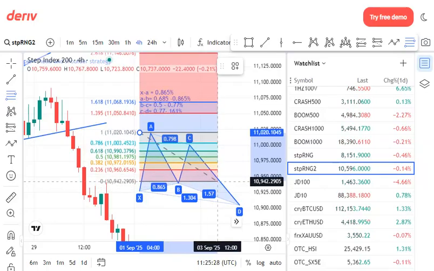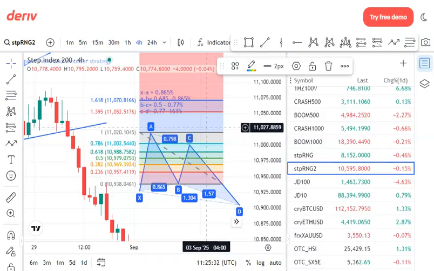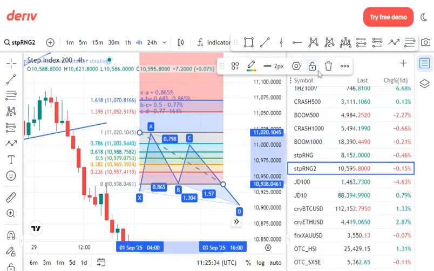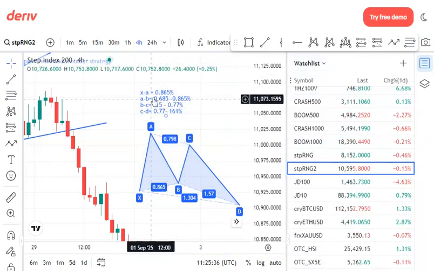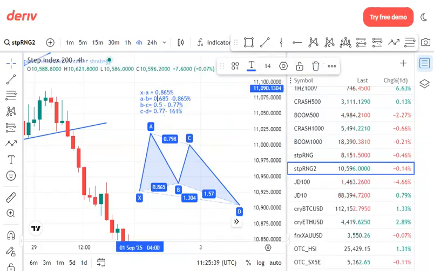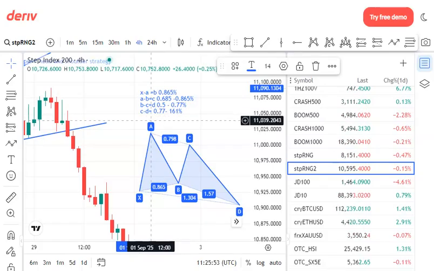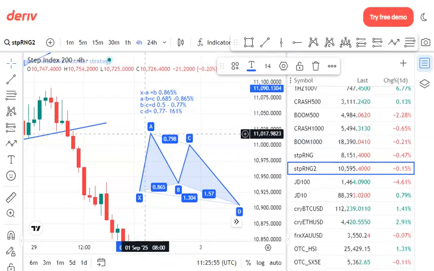So from A to B equals C. Let me edit this. So let's say I wanted to write here: A to B equals C, X to A equals B. A to B equals C, and B to C equals D, right?